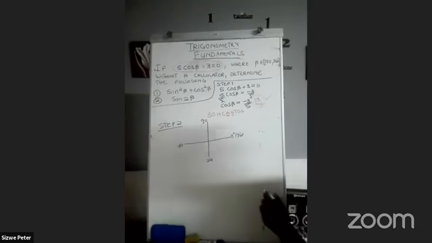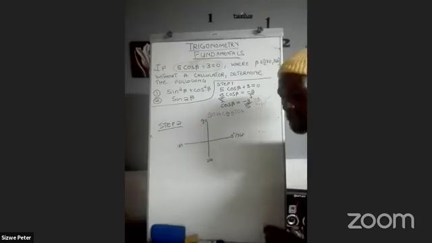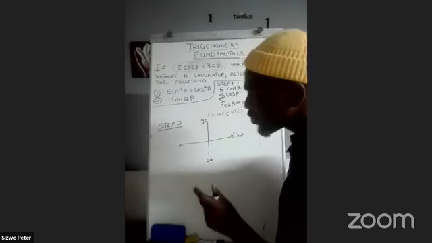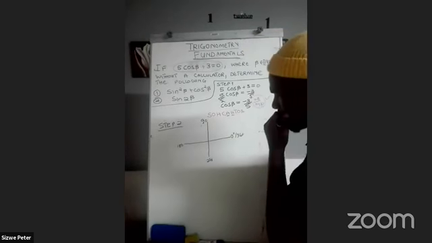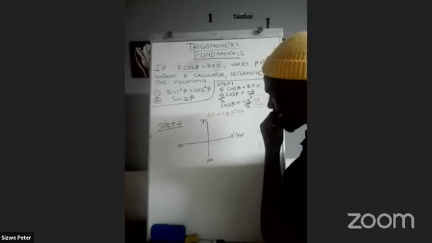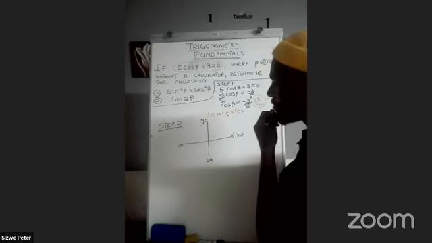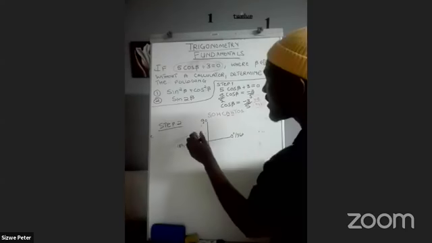Tell me, do you know in which quadrants cos is negative? Cos is negative in the second and the third.